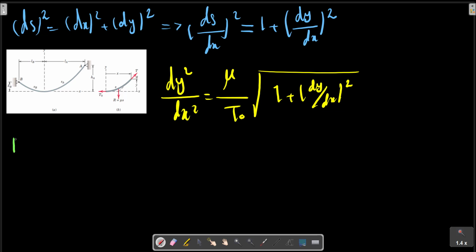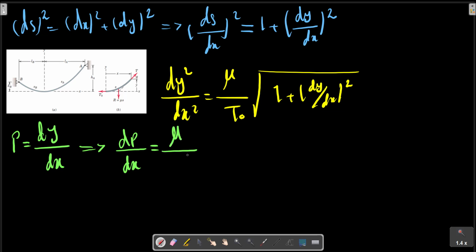This equation is easier to solve if we substitute the relation p equals dy on dx. So dp on dx equals the square root of one plus p squared.